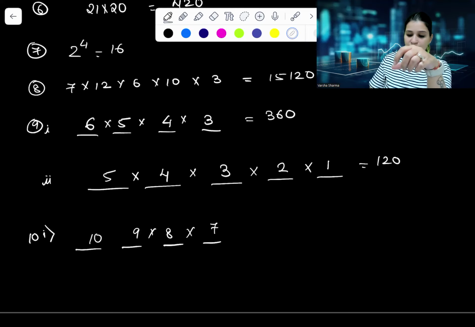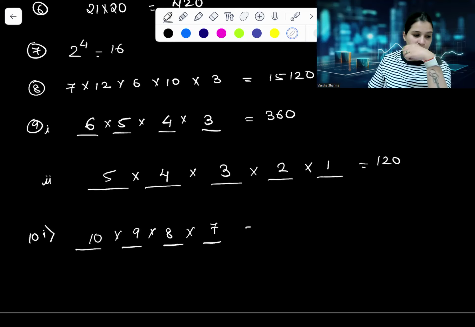Total 5040. Second, in the same case, if repetition is allowed, each place will have 10 possibilities, so 10 to the power 4, which is 10,000.